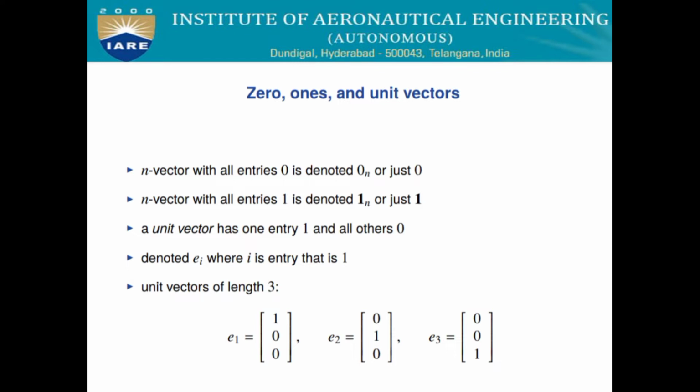A unit vector has one entry 1 and all other entries 0, denoted e_i, where i is the entry that is 1. Unit vectors of length 3: e1 equals 1 0 0, e2 equals 0 1 0, e3 equals 0 0 1.